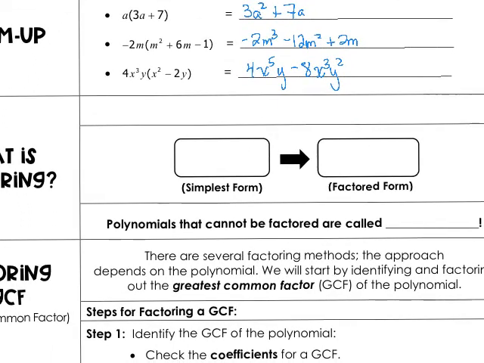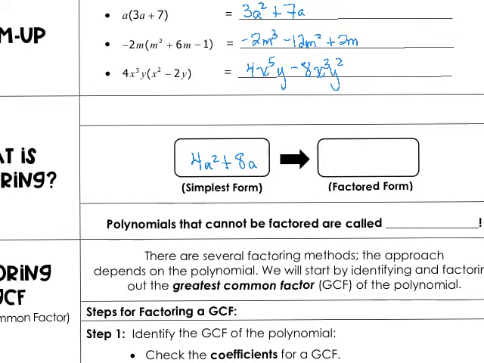Next, in the notes here, it is talking about the simplest form versus factored form. Basically, you take an expression like 4a squared plus 8a, and that looks a lot like some of the polynomials above, in the sense that it can be factored. There's a greatest common factor in both these terms.